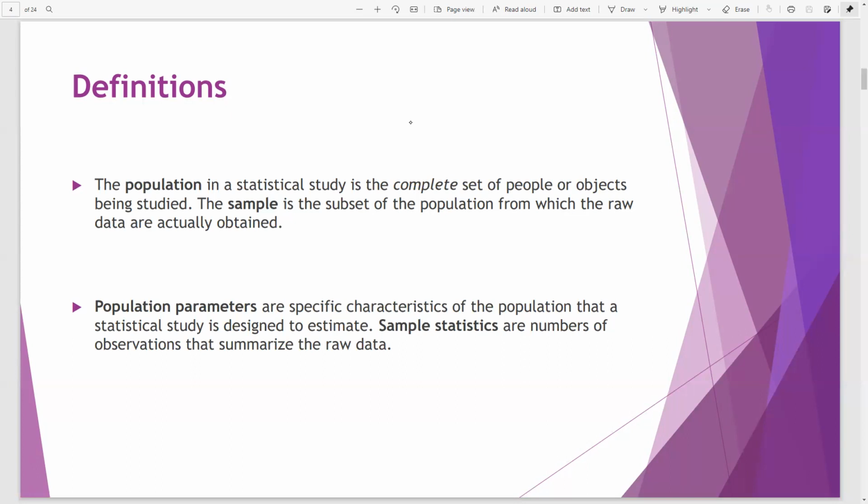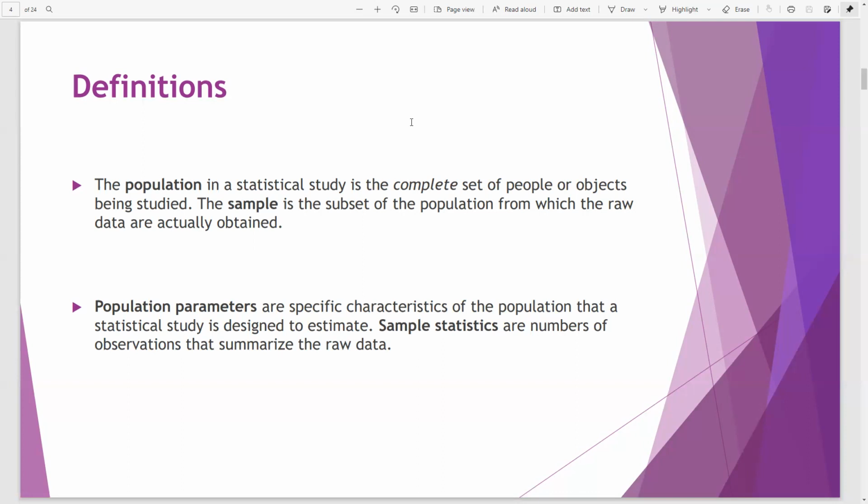The population parameters are specific characteristics of the population that a statistical study is designed to estimate. So population parameters need to be estimated, and that is the purpose of the experiment we are doing.